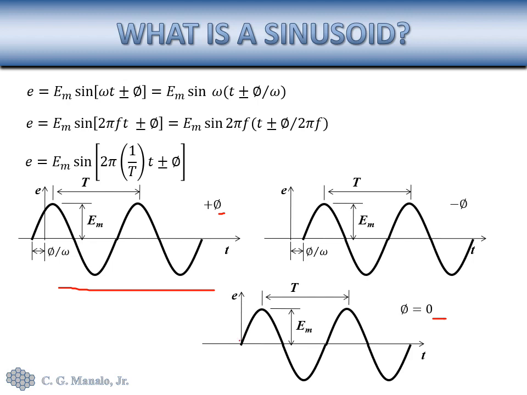If it is 0, we can draw it as starting at t equals 0. If it is positive, we can draw it as if it is starting before t equals 0. While if p is negative, we can draw it as if it started after t equals 0.